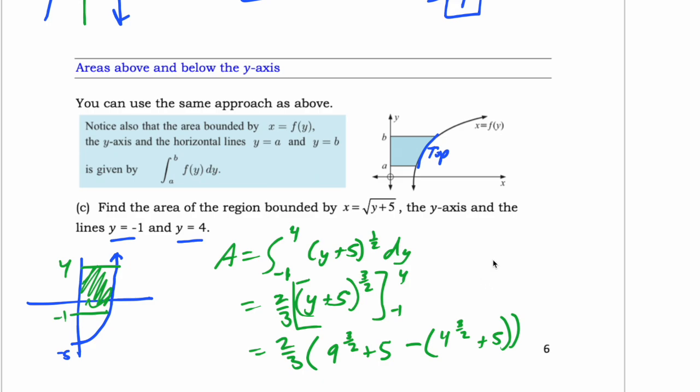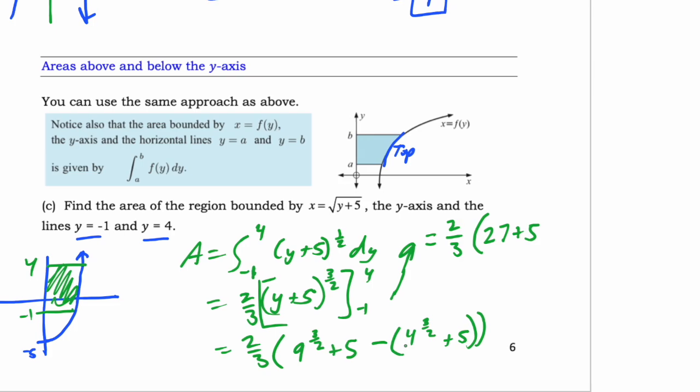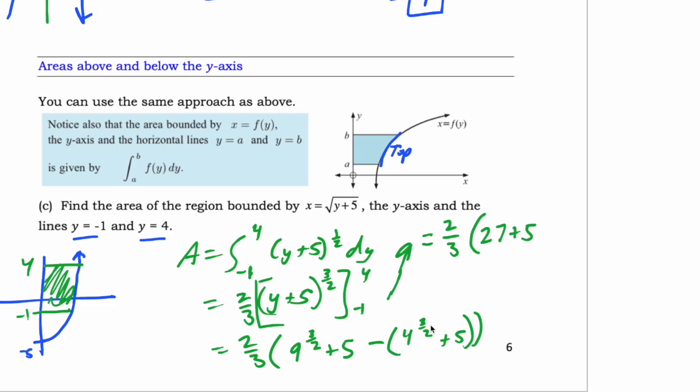Okay, so that gives you, let's go up here, don't have much room. 9 to the power of 3 over 2 is like square root of 9 cubed, so that's 27. Okay, 27 plus 5. And actually going to have a minus 5, so that's going to cancel out. But 4 to the power of 3 over 2, that's square root of 4 cubed is 8.